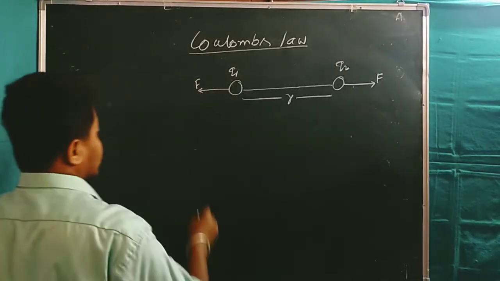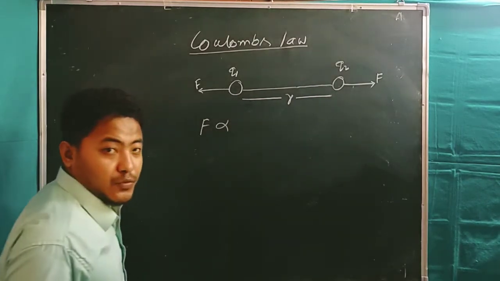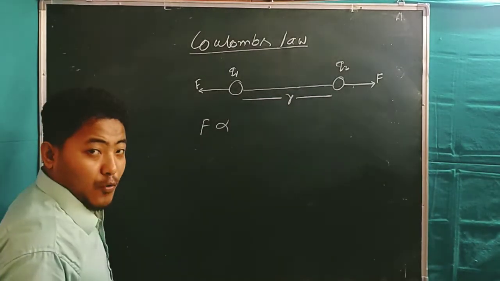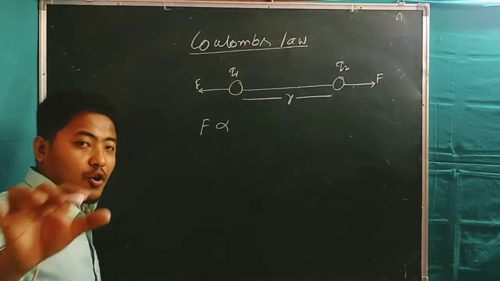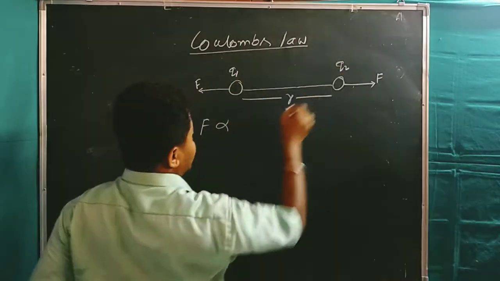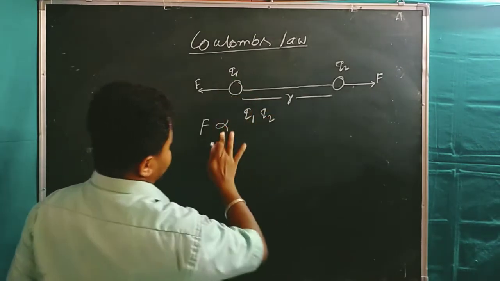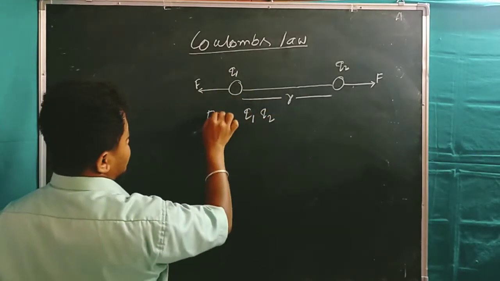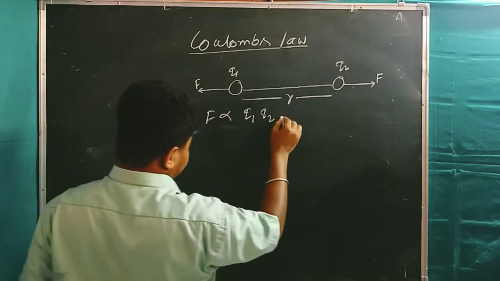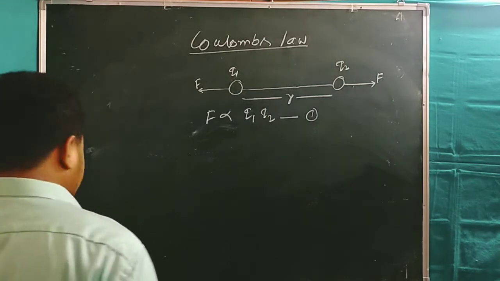That means F is directly proportional to the product of the two charges, Q1 and Q2. So F is directly proportional to Q1 Q2.